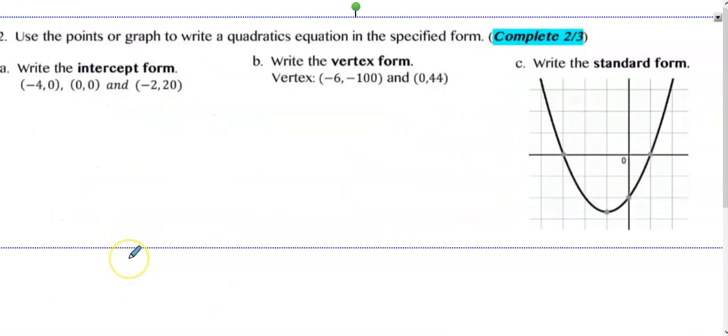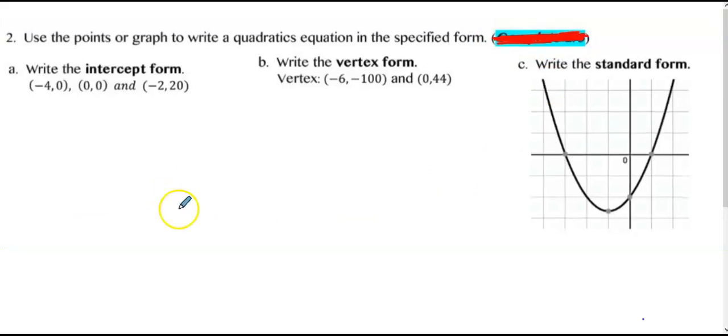Okay, moving on, number 2 says use the points or graph to write a quadratic equation in the specified form. This is not on yours, and it's not supposed to be on yours. So you didn't get to choose 2 out of 3. Okay, so the first one, 2a, says write it in intercept form. We know it's a quadratic, so we know it should have no more than 2 roots.